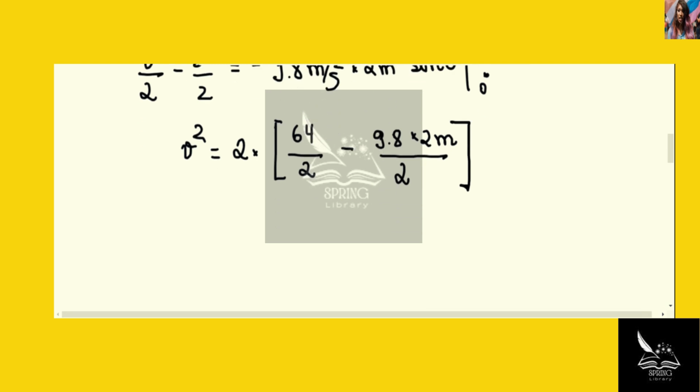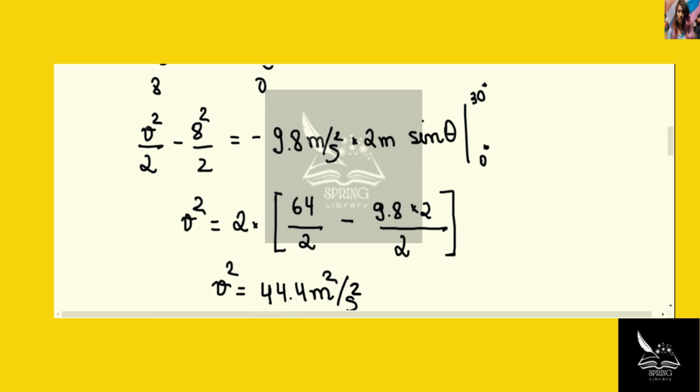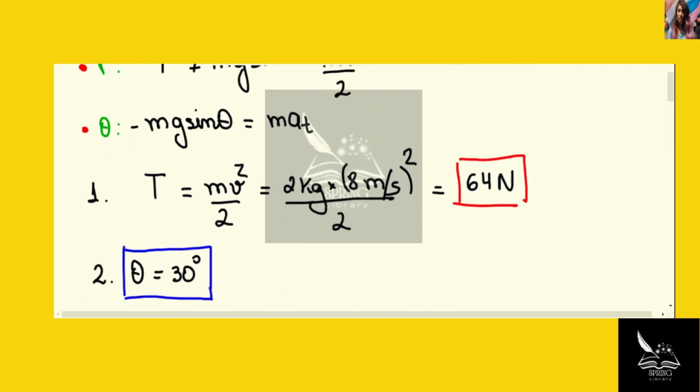And just to be consistent, I'm not going to use any unit here. I want to leave it implicit that I'm using the International System of Units. And v squared is equal to 44.4 meters squared per second squared. So this is the value of v squared when theta is equal to 30.